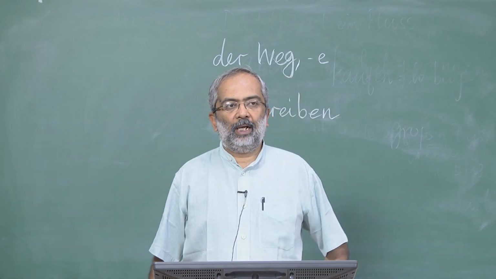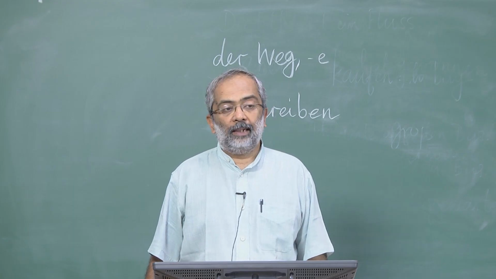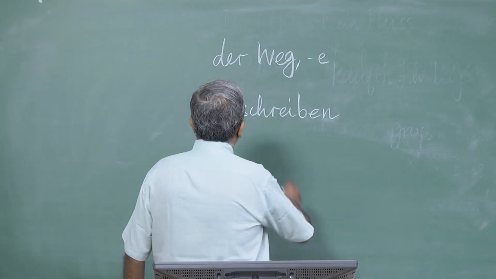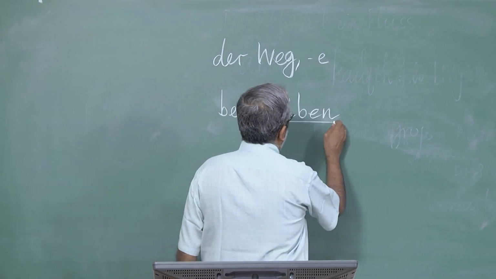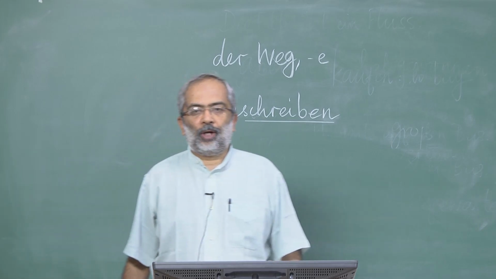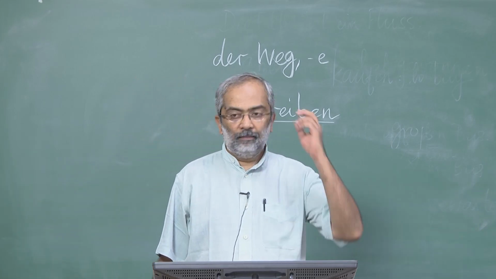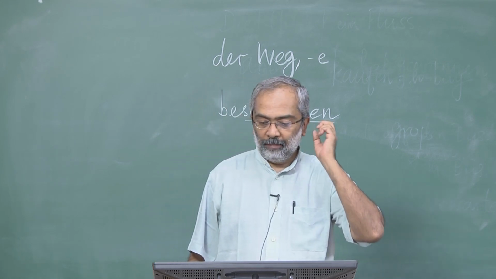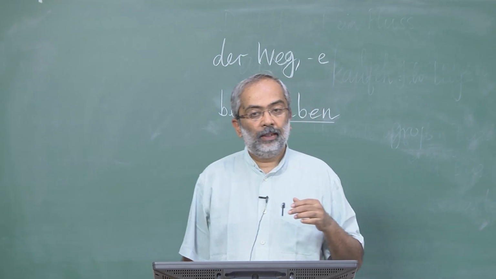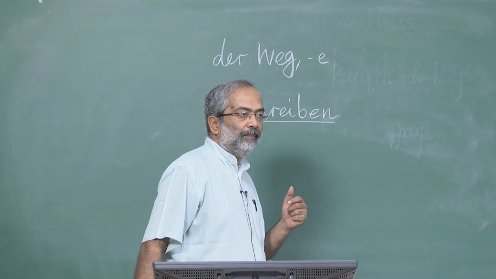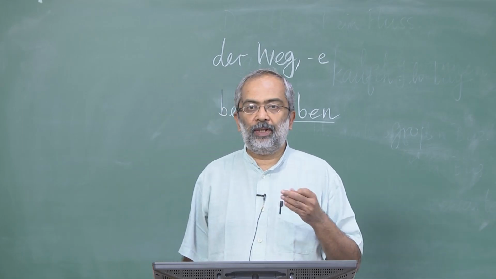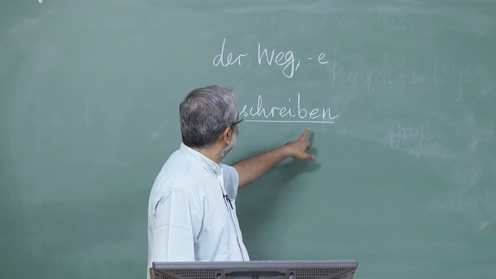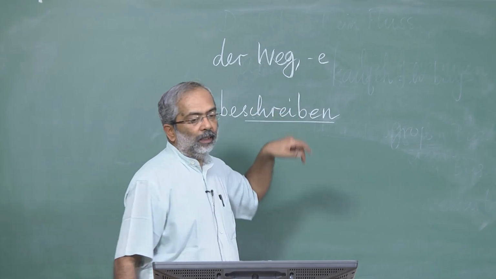Beschreiben is to describe. Schreiben is to write. Schreiben, it's an important verb. Lesen und schreiben. Schreiben is to write and lesen is to read. Beschreiben is to describe. And die Wegbeschreibung.